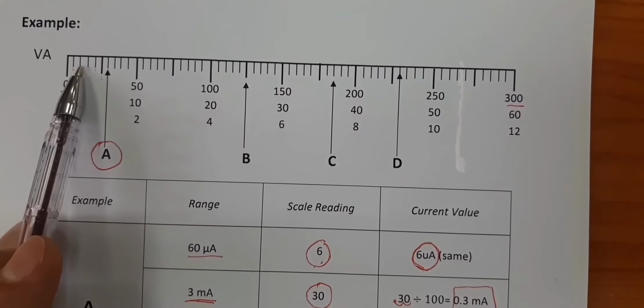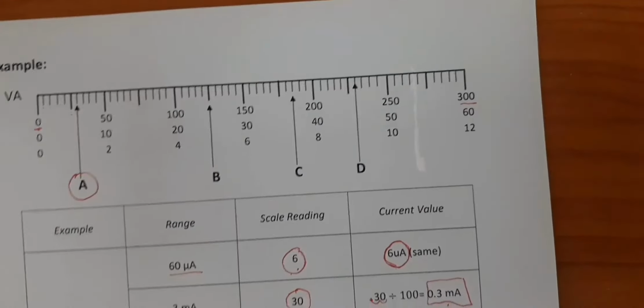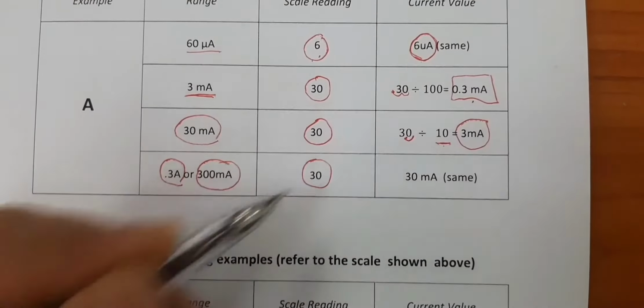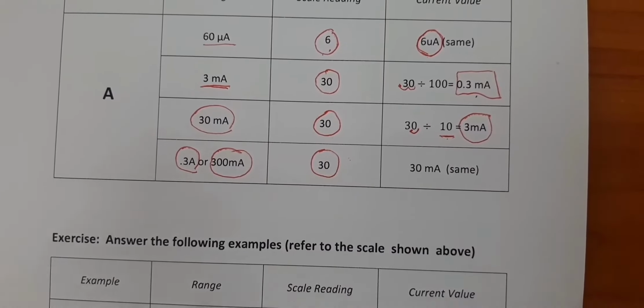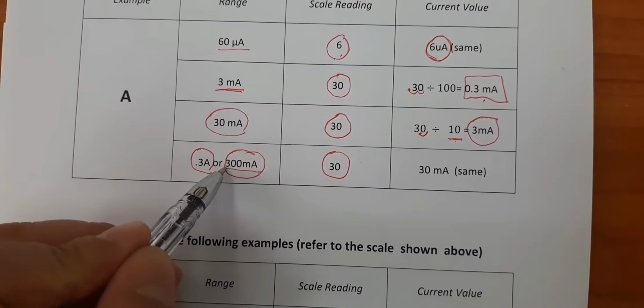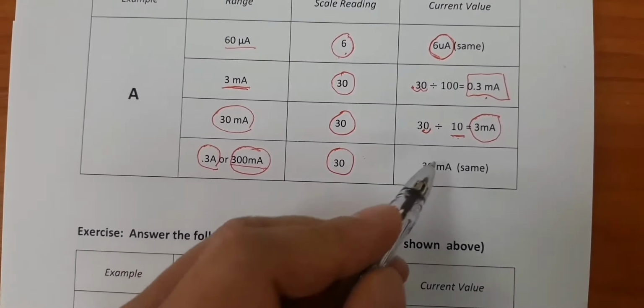So we have 5, 10, 15, 20, 25, 30. Here we have 30 as the scale reading. If we are going to use this as 300 milliampere, it is times 1, so we have 30 milliampere.